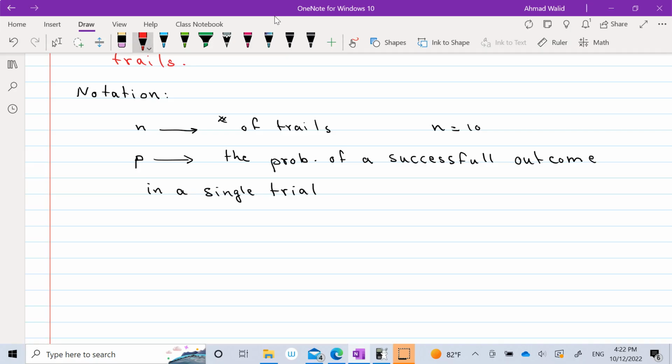This part is really important, in a single try. Lowercase p shows the probability of success. It represents the probability of success, but in a single try.